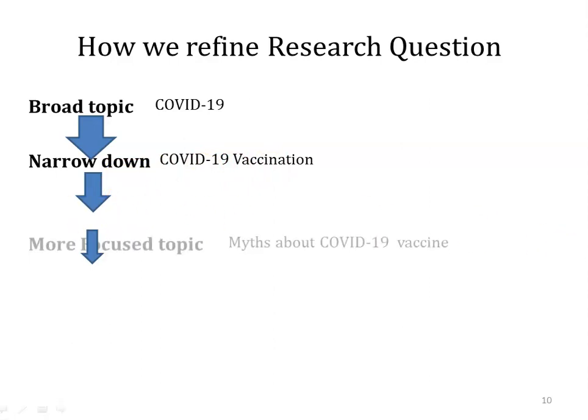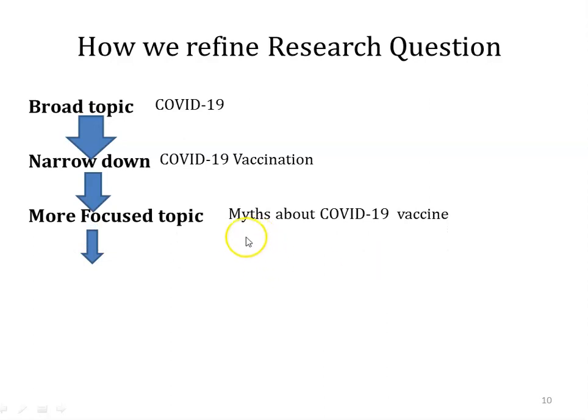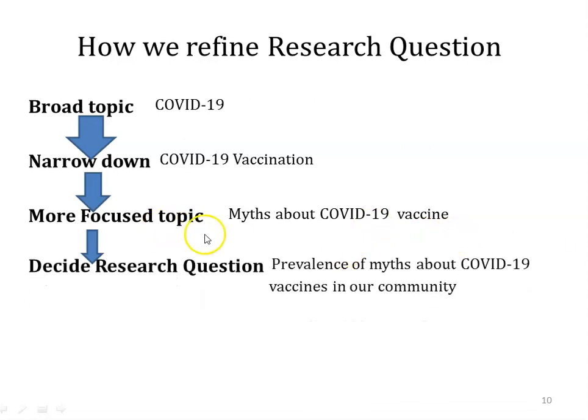So focusing it down further, I have selected the myths about COVID-19 vaccine. This is the topic for my research. And I will make a research question on this topic that is finalized. The question can be in the form of: what is the prevalence of myths about COVID-19 vaccines in our community?